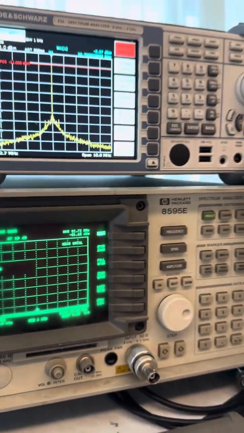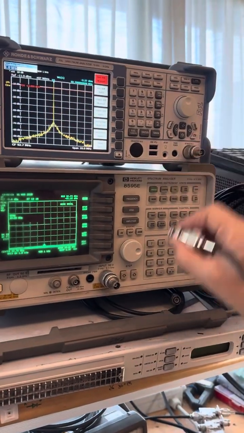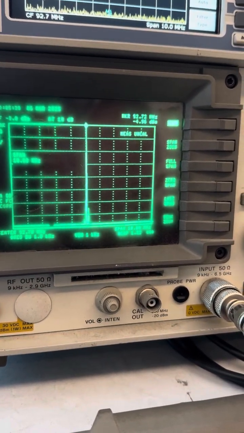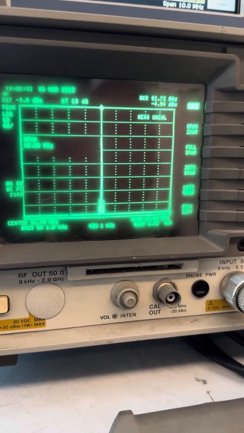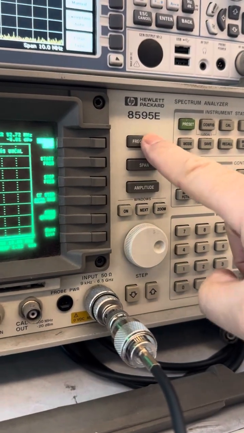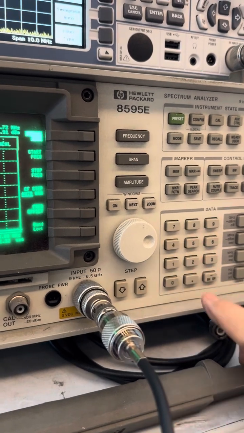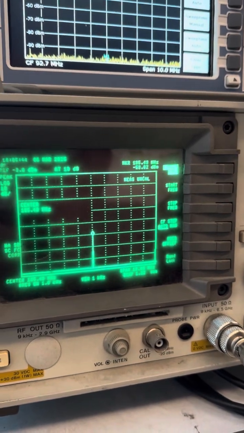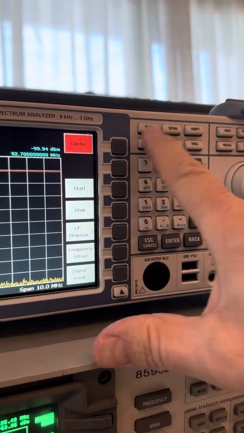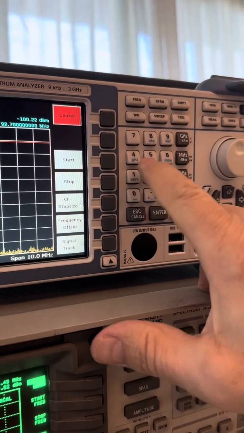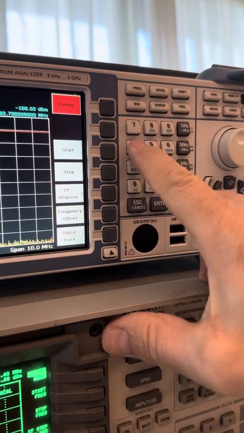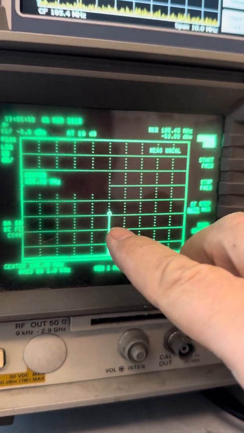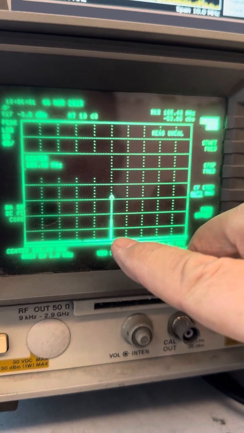So now what we will do is move the center of the spectrum analyzer to the second harmonic, and in this case it's 185.4 megahertz. I set the frequency here, and the same I will do here. Okay. Now I can see I have my harmonic, but this is absolutely not real.